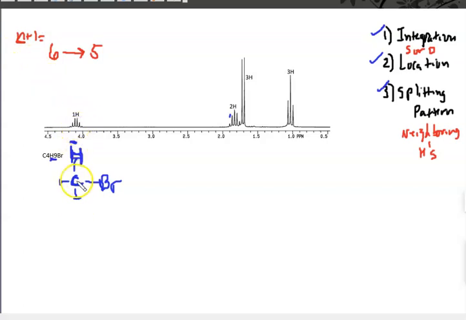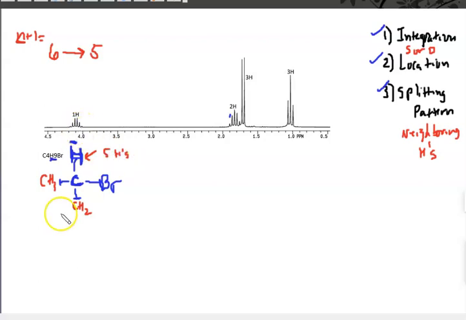Okay, so how is it possible to have a carbon with 5 hydrogens next door to it? Well, I've got to have 3 on one side and 2 on the other. Does that make sense? I know this hydrogen is feeling the effect of 5 hydrogens.